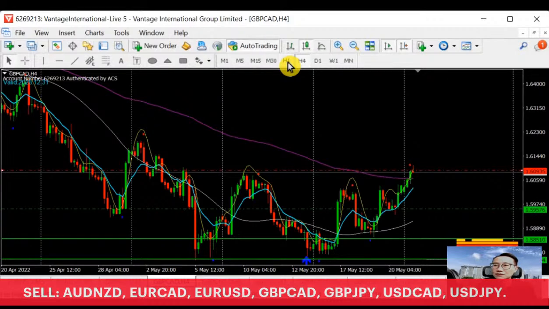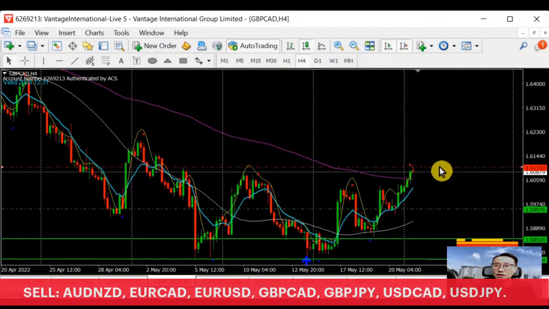First of all, the H4 opened a new candle and it stays somewhere here with a rejection. The rejection candle over here is about to meet a resistance on the left. You see?